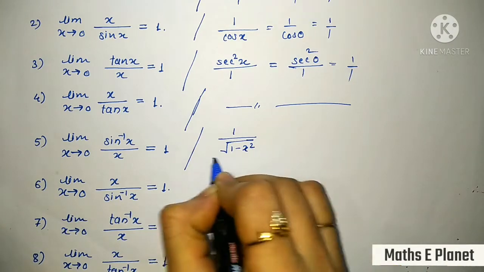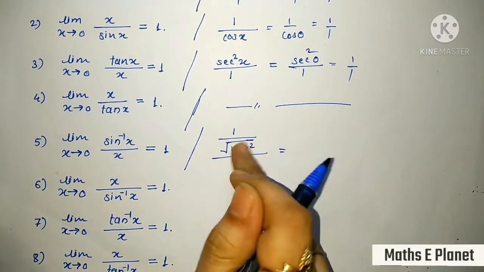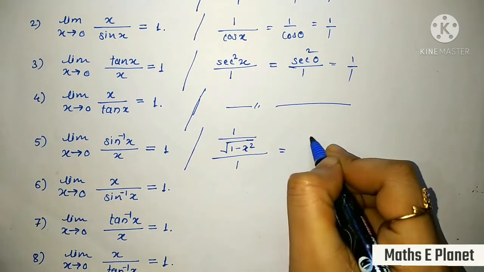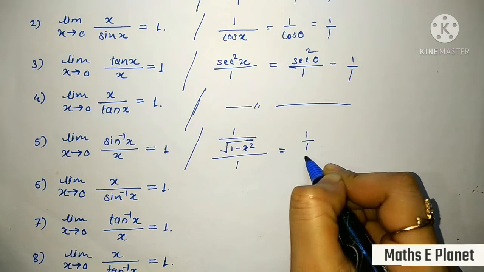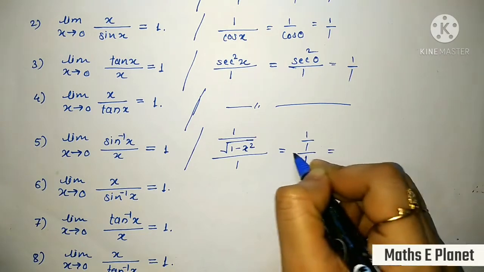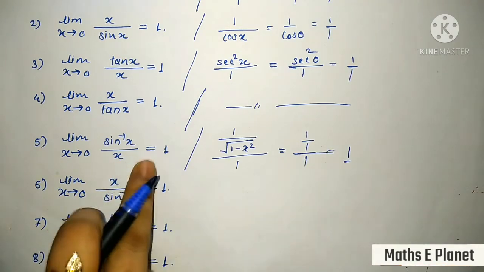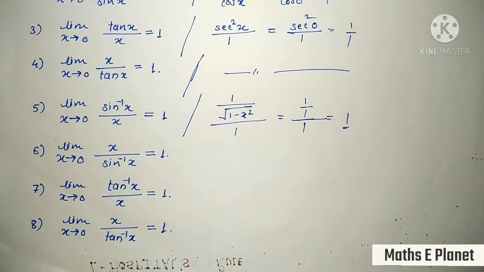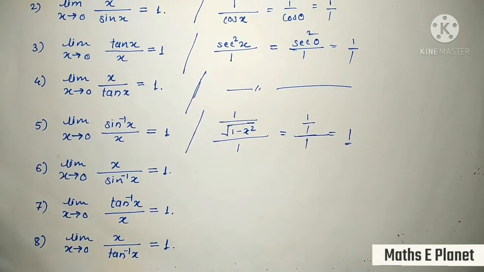Now put 0 instead of x, so what you will get is 1 upon 1 upon 1, so the answer is 1. In this way you can find the values of all the formulas. This is quite easy.